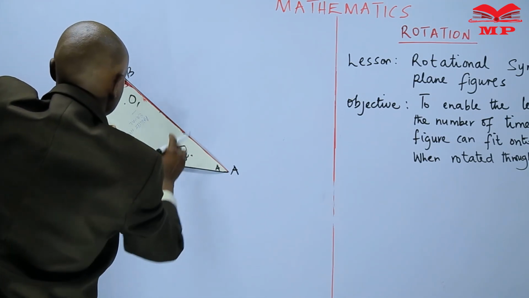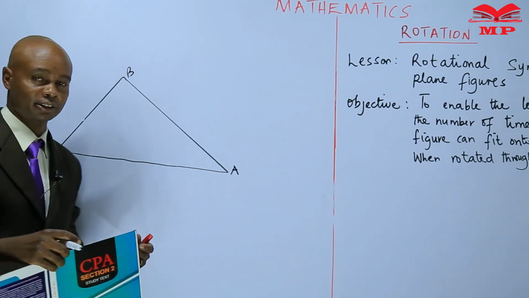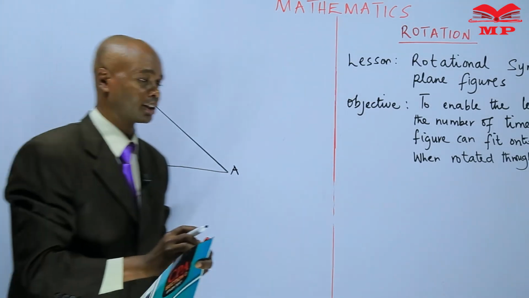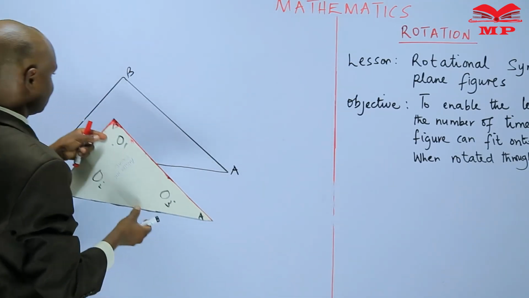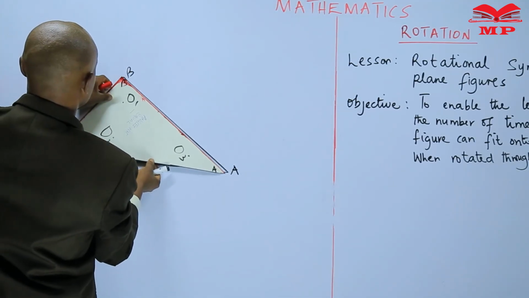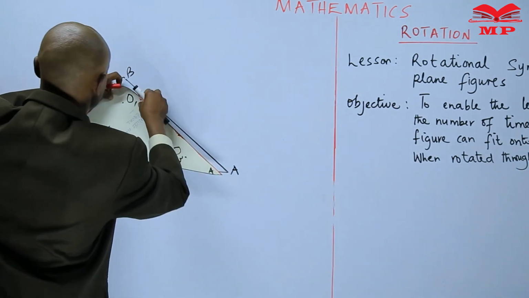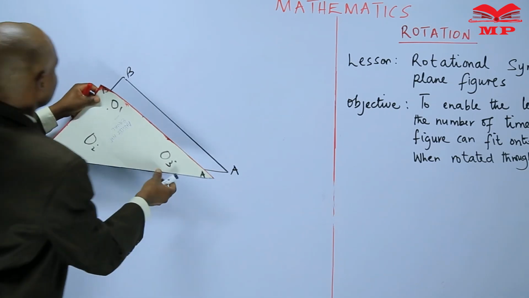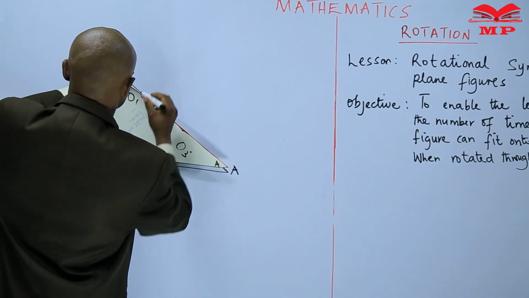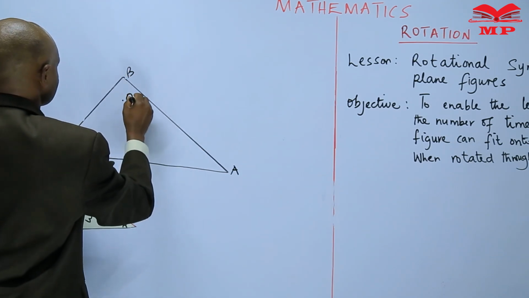So I've traced it. I want to find a way of rotating it, because the objective is to find how many places it fits. From the traced figure, O1 is somewhere here, that's center 1.